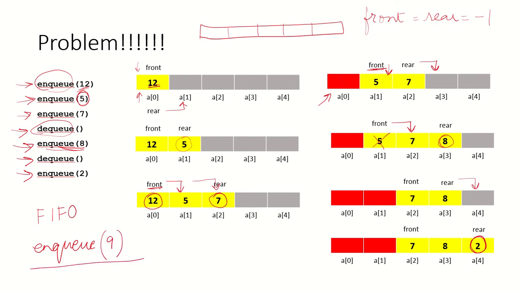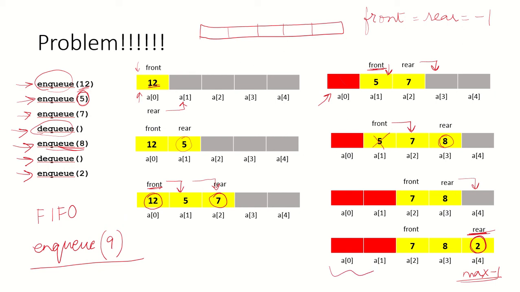I want to insert one more element in the queue, but we cannot do so because, as per our earlier discussions, if rear has reached max -1, that means the queue is full. This is the condition that we had seen earlier, that if rear is equal to max -1, it indicates that the queue is full.